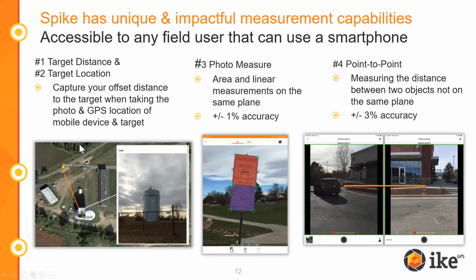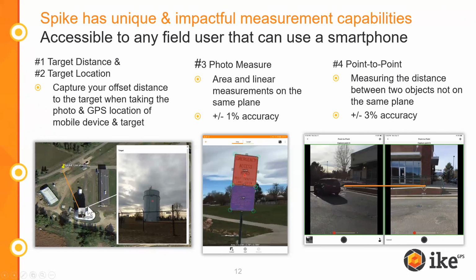The other thing that we do is that we capture the target location, with the distance offset, as well as the location of the phone device. So as you can see here in this KMZ export, I've captured where the Spike location is, and then there's my target location, as well as the photo for reference and all those good things, distance to target.